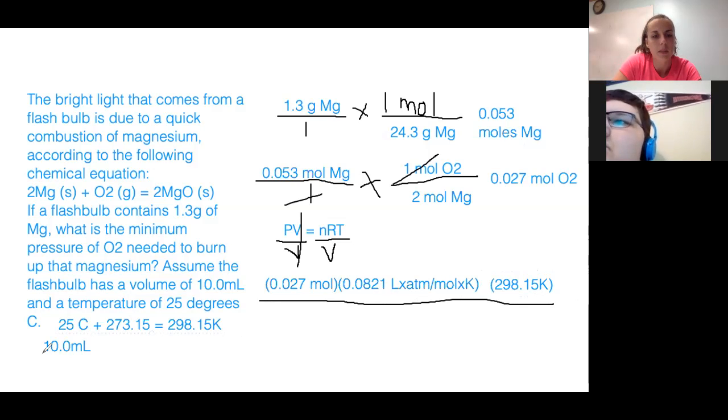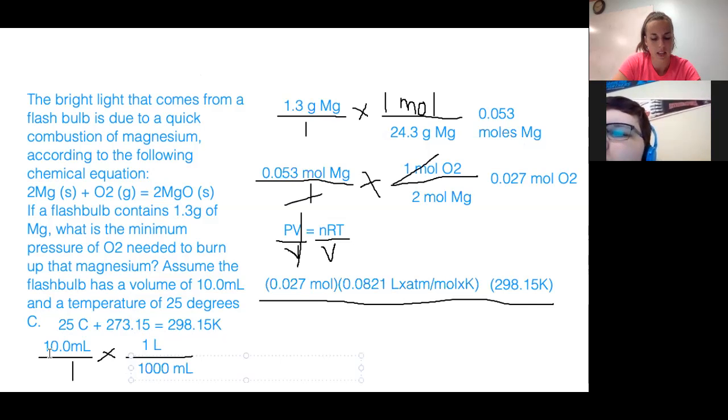So let's go 10 milliliters over 1 times 1 liter on top, because that's what we're going to. And then we want milliliters to cancel, so that's going on the bottom, 1,000 milliliters. Once you put that in the calculator, you're going to get 0.01. I'm going to put that on the bottom here. 0.01 liters.